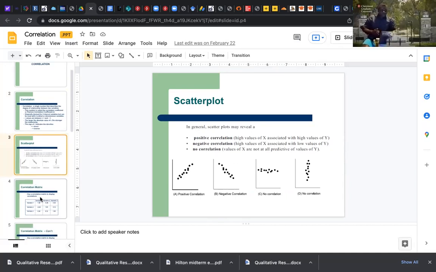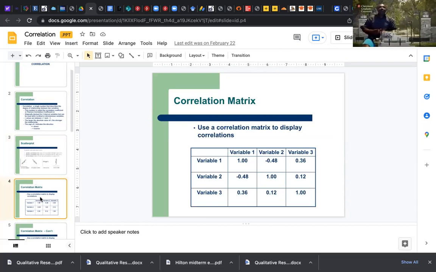Usually before variables are entered into the regression model, they might be tested using a correlation matrix to understand if they really have an effect. Before you enter any variable into a regression model, an independent variable has some kind of relationship with a dependent variable.